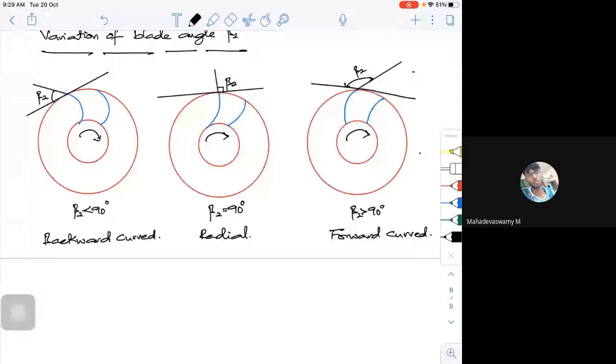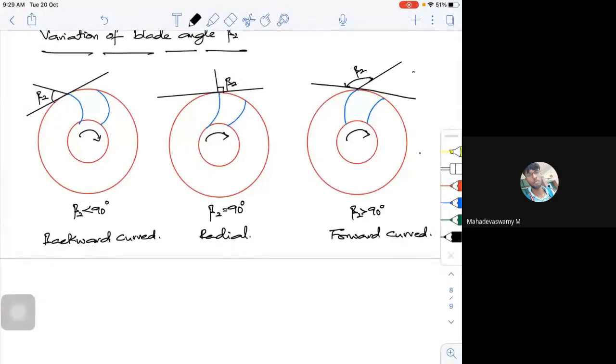So when you have such things, what will be the corresponding velocity triangles? The velocity triangles are also going to change. We will have a huge impact on these particular things. The velocity triangle for a forward curved vane, a radial curved vane and a backward curved vane will be different. So to get into these velocity triangles, let us look into the expressions.